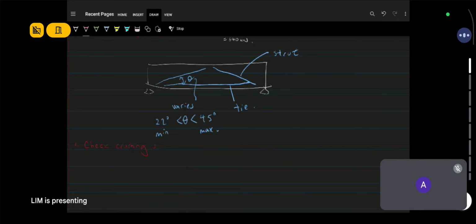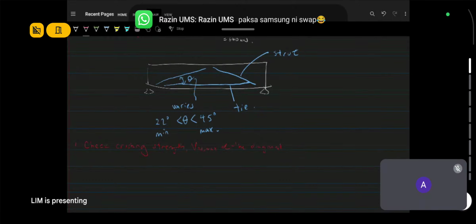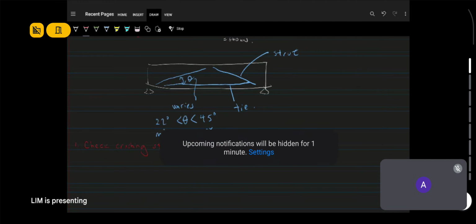the crushing strength VRD max of the diagonal strut at face of support.